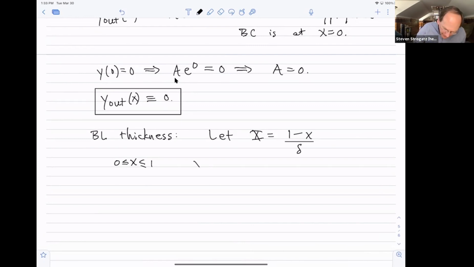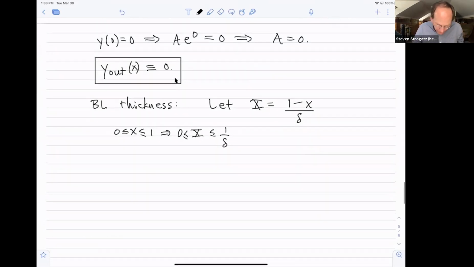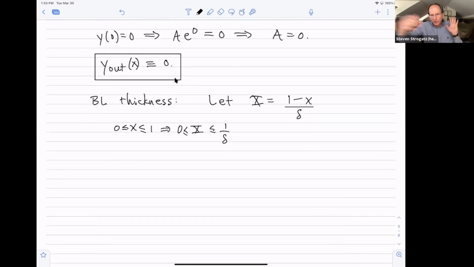And so this makes the big X go from 0 to 1 over delta. But you should sort of think of that as infinity, because delta is going to 0 as epsilon goes to 0. So the big X is running over basically an infinite region.